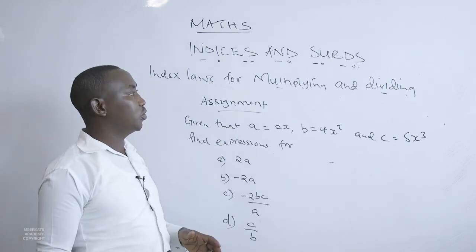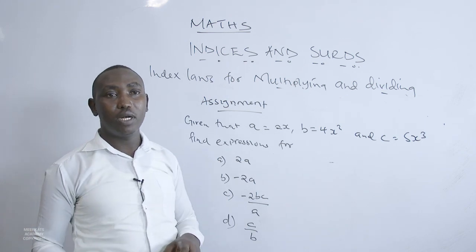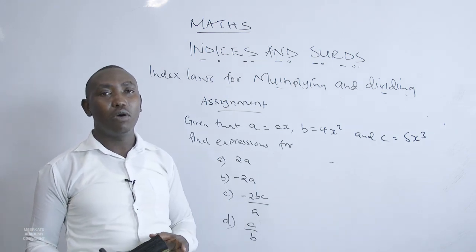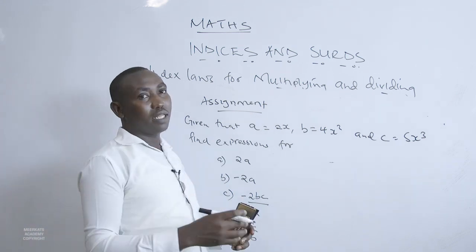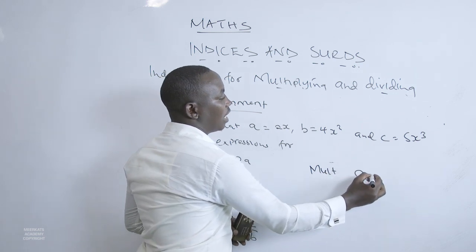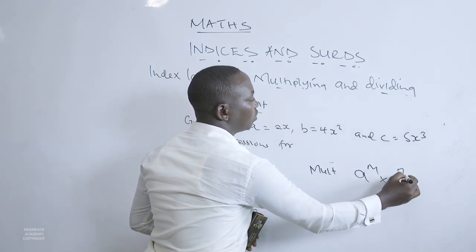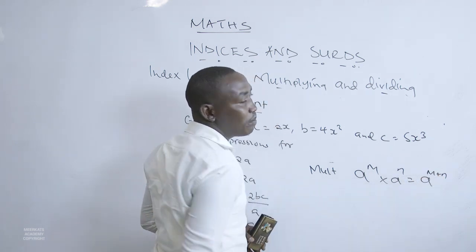So this brings us to the end of the discussion on the laws of multiplication and the law of division, where we have said that the law of multiplication, when you have a raised to m multiplied by a raised to n, shall be a raised to the sum of the powers.